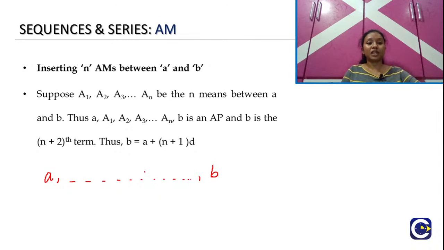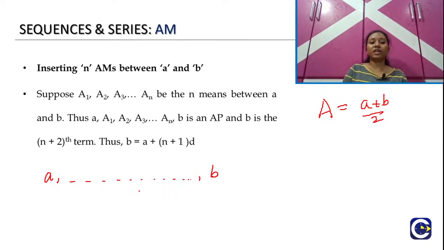These are not just terms in the sequence, they are n arithmetic means, like the average of these two, then the average of these two, and so on. We represent them with A1, A2, A3 and so on, up to An.